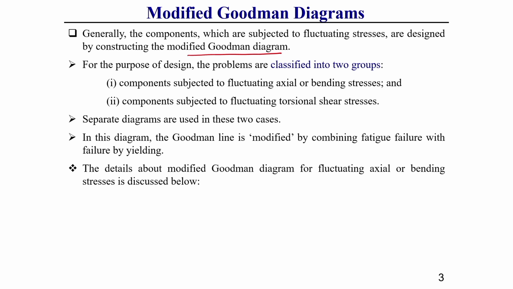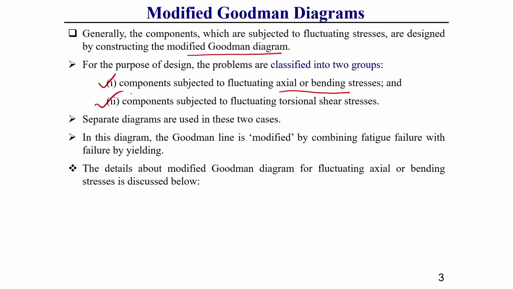In one group the component is subjected to fluctuating axial and bending stresses. This is one group where the fluctuating stress is either axial or bending. The second group is where the component is subjected to fluctuating torsional shear stresses.